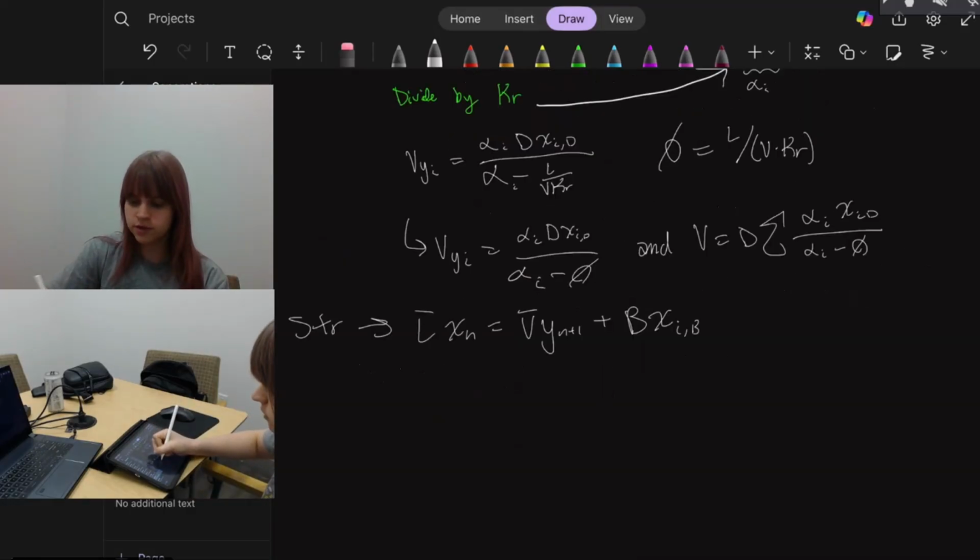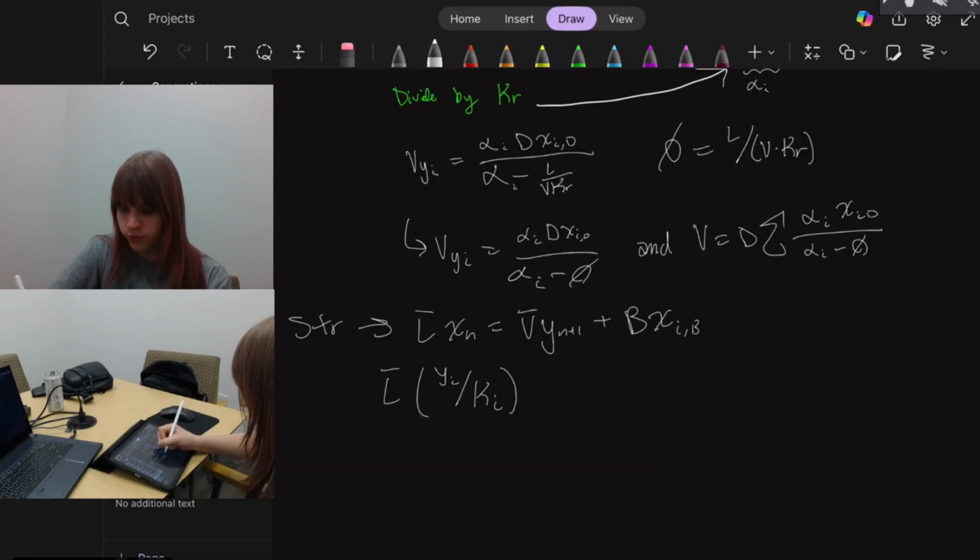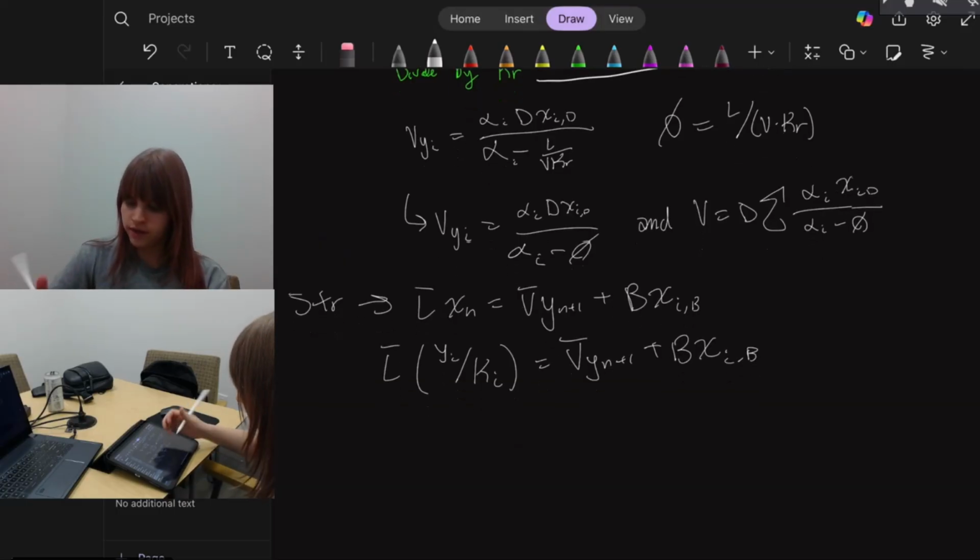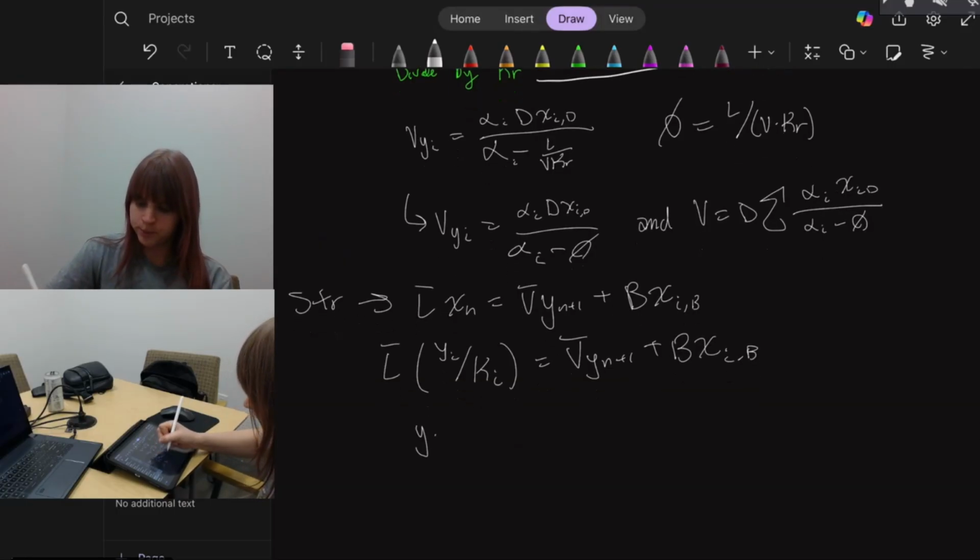And then similarly to what we did for the rectifying section, we have our L bar times yi over Ki is equal to V bar yn plus 1 plus the same thing as above, basically. And then we solve for yi.